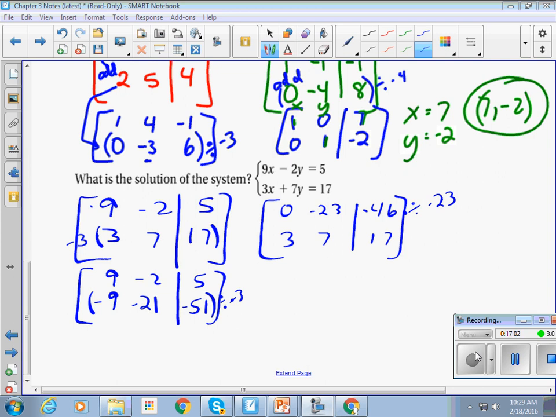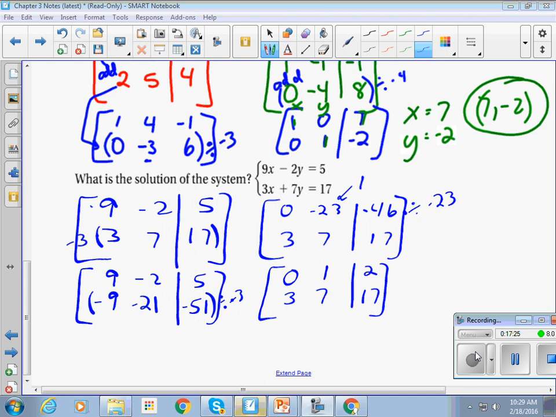And in this case, that'll give me a 1 in this element. So when I do that, it'll be 0, 1, 2. And my bottom one will be 3, 7, 17.